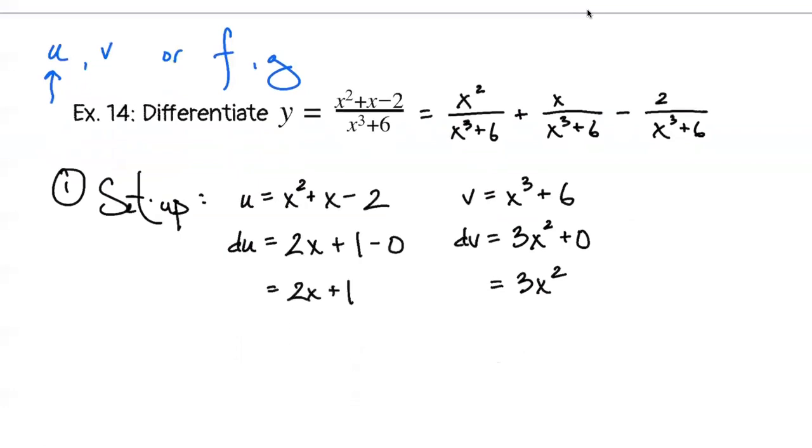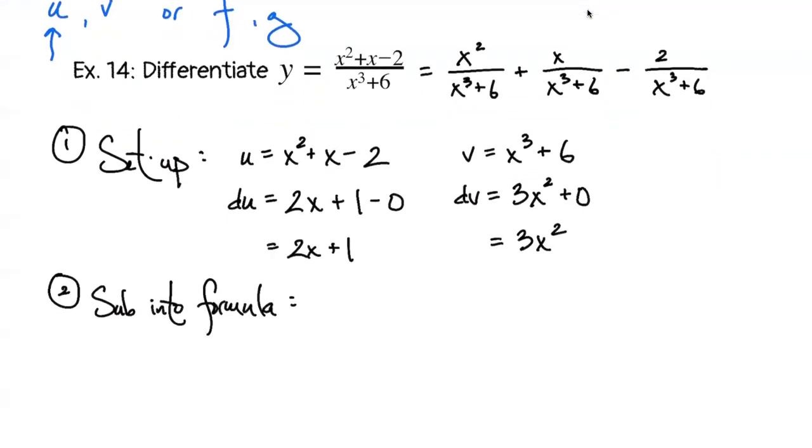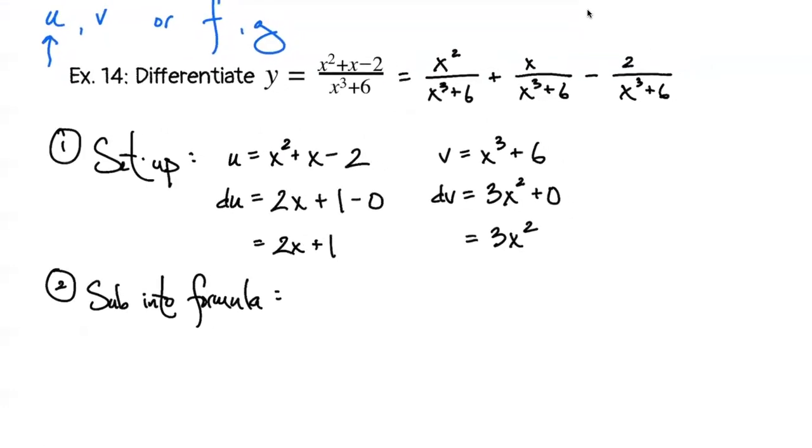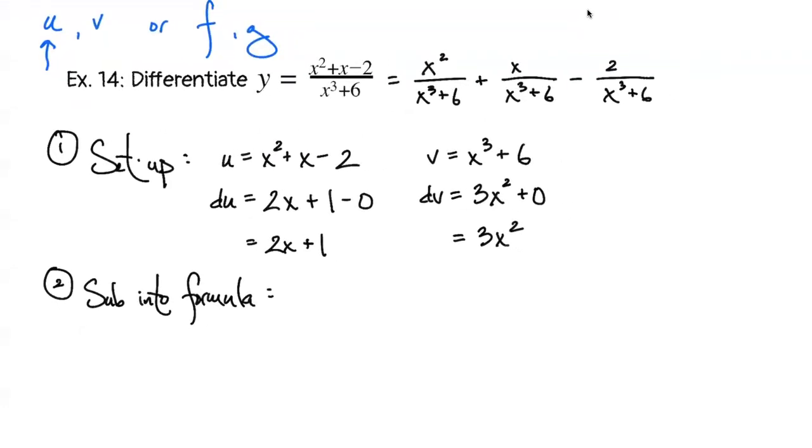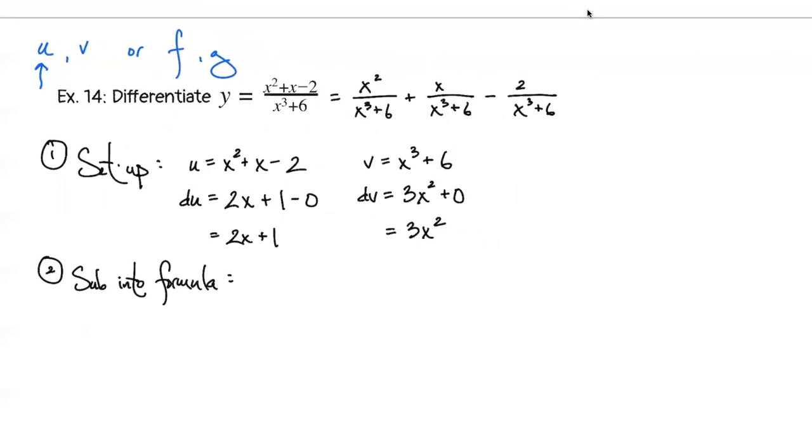All right. So we've set things up. Now we are going to sub things into the formula. Because we are doing our second example, let's go ahead and write out that rule. y prime equals v du minus u dv over v squared.